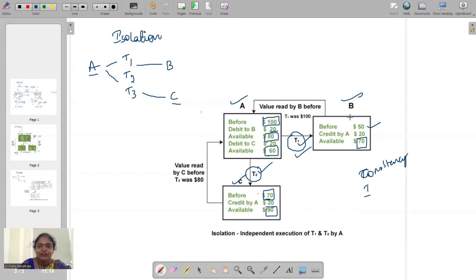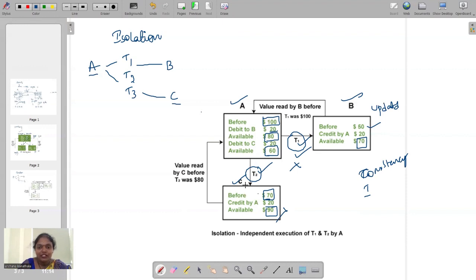So if B did not get the actual value from A properly, then we can say that the transaction was not done properly. And with respect to A and C also, the deduction was made here, but the updation wasn't made, right?